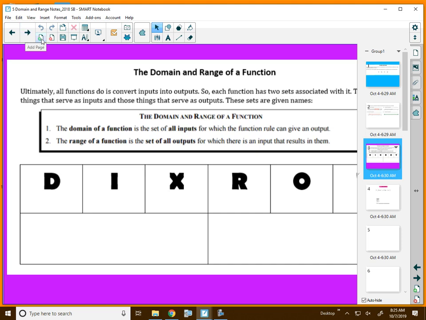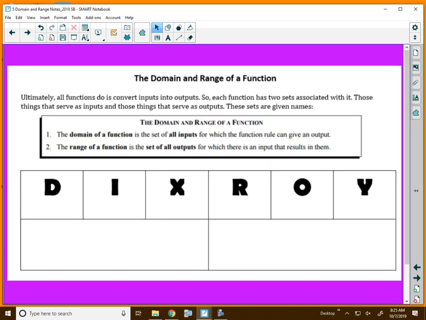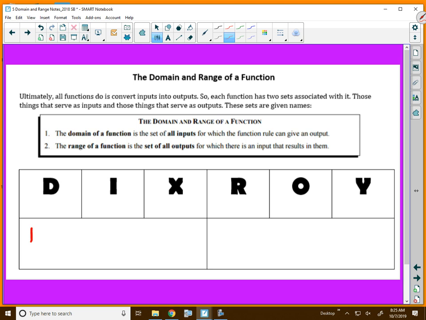Okay. So, if you remember, domain is associated with x. What do you think that I stands for? Think about all the ways we can say input.